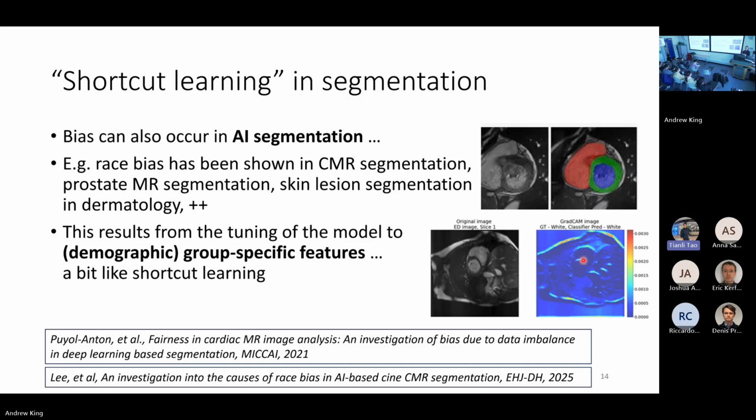And if they're used to seeing a particular kind of feature in the contextual information, then you'll get good performance if those features show up in the test set. But if those features change, let's say there's less body fat around the edges, then it won't have those contextual features to pick up on. So it's a related thing, but I don't like calling it shortcut learning in segmentation because I think it's not quite the same thing. I prefer calling it spurious associations causing segmentation bias.